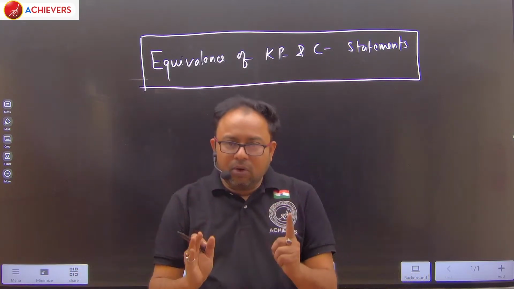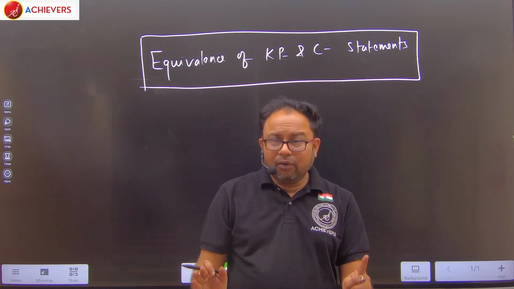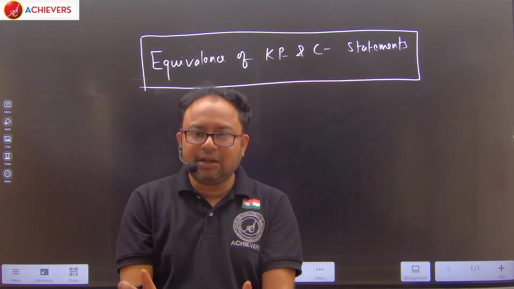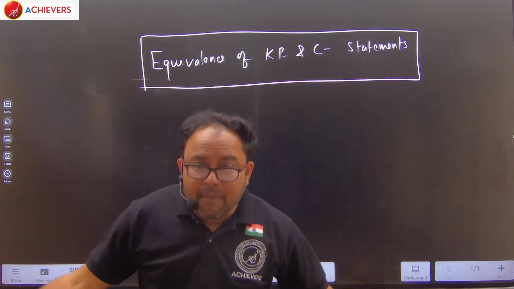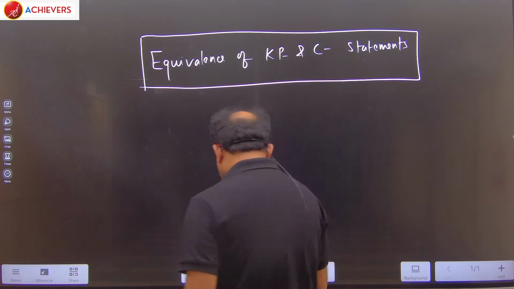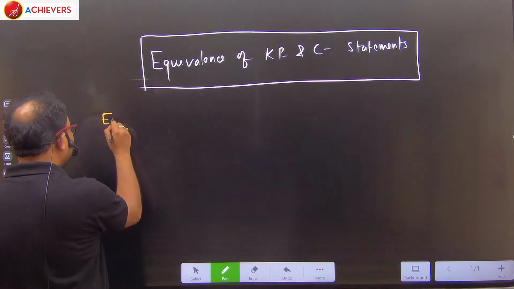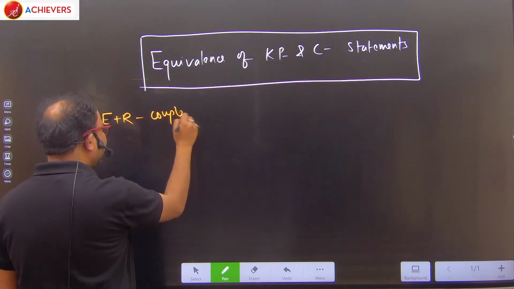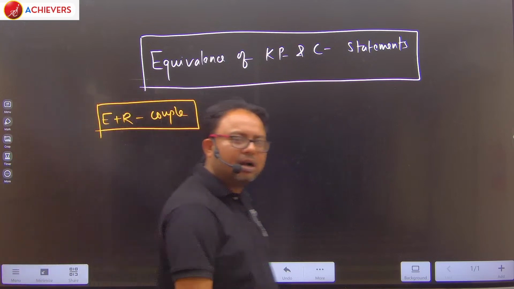In order to interpret this equivalence, we need to have a very sharp analysis of these two statements in a combined manner. And for that purpose, we need to do a coupling between E and R. So at first we need to understand the E plus R couple.